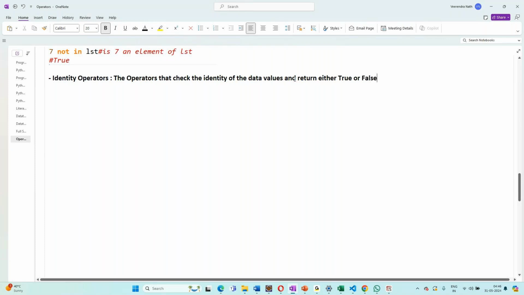The operators are is and is not. What will is do and what will is not do? We will check.